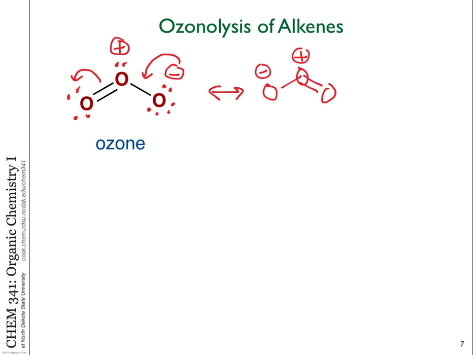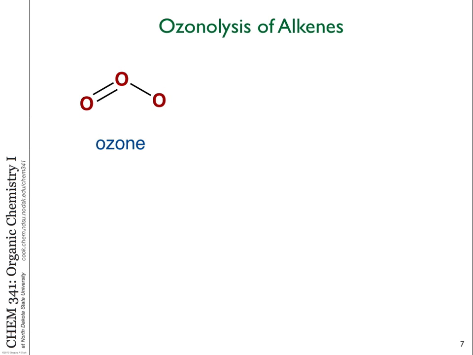So I'm just going to erase this and mention that you can also think about this molecule, if you think about pushing these electrons here, that means this might be a positive end or a place that could accept electrons. Now the resonance forms aren't quite right for that, but you can think of it as being a plus and minus on either end, what we call a dipolar molecule. And what's interesting is when this comes in contact with a double bond, it has a very interesting reaction.